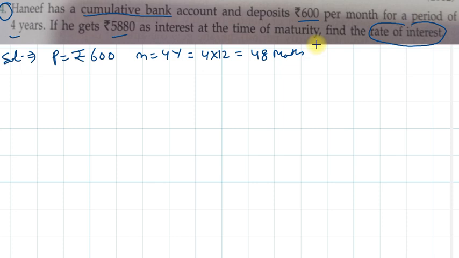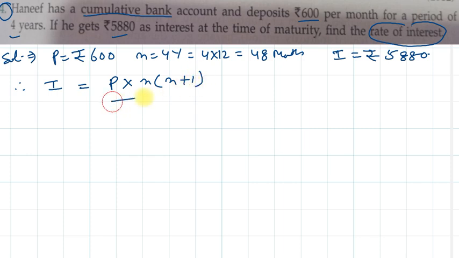He gets 5880 as interest, so interest we will write as this 5880. So according to our formula, interest is again P into N plus 1 upon 2 into 12.